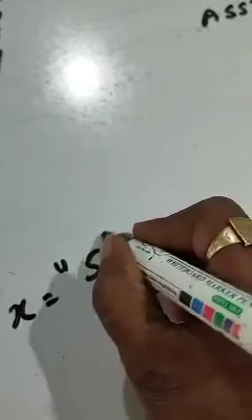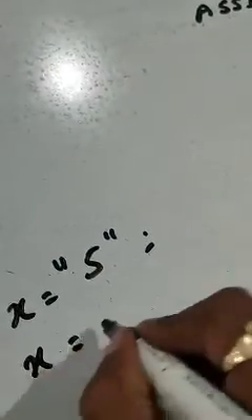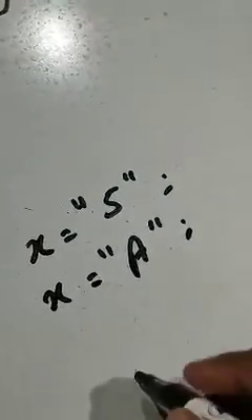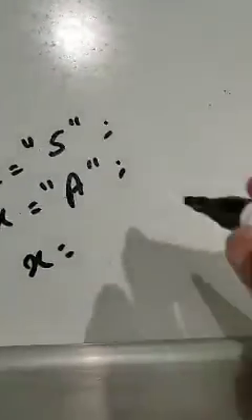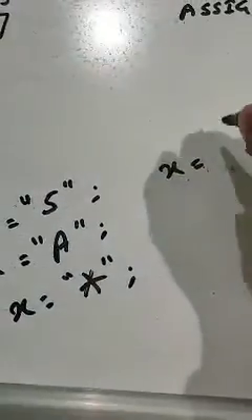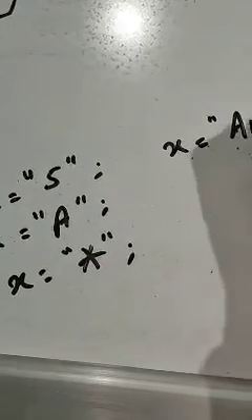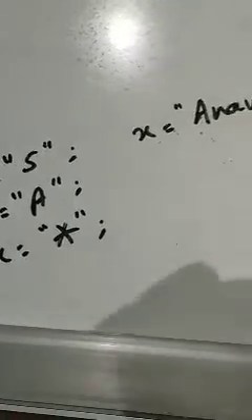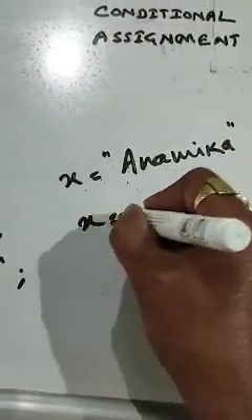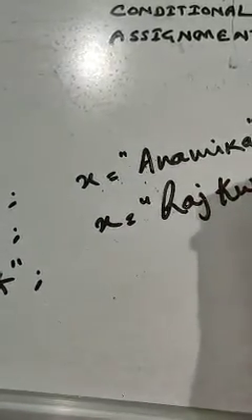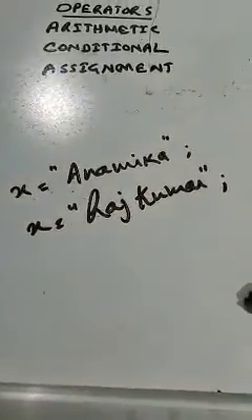For example, x equals "5", x equals "a", x equals "star", or x equals "Anamika", or x equals "Rajkumar" within double inverted comma.